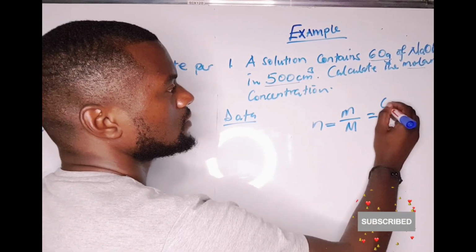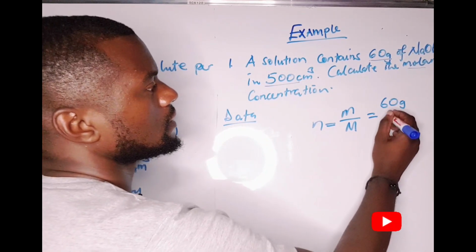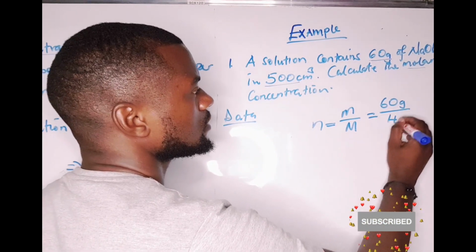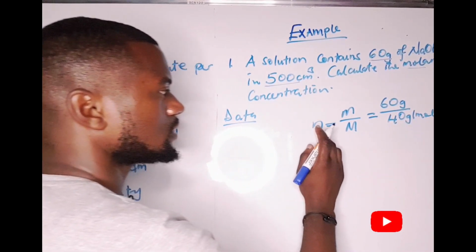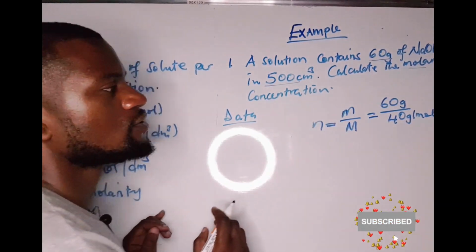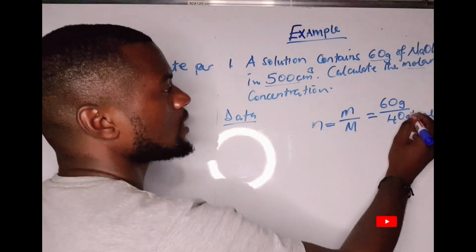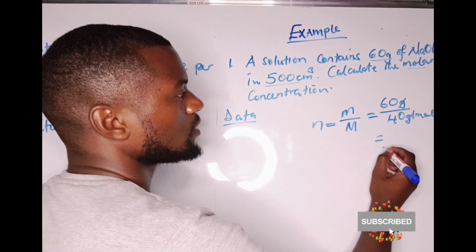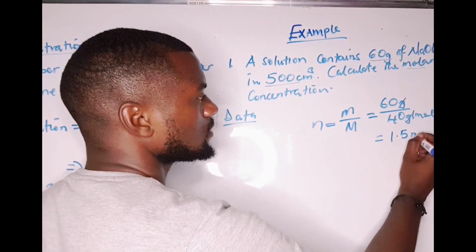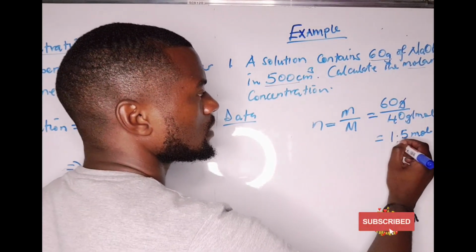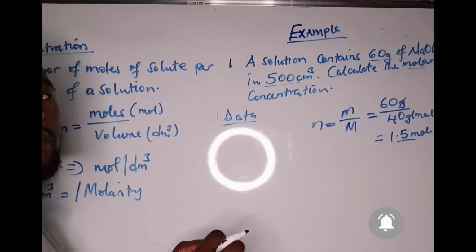Our mass given is 60 grams, and the molar mass of sodium hydroxide is 40 grams per mole. You cancel the grams, and you're going to have 1.5 moles. These are the number of moles in 60 grams of sodium hydroxide.